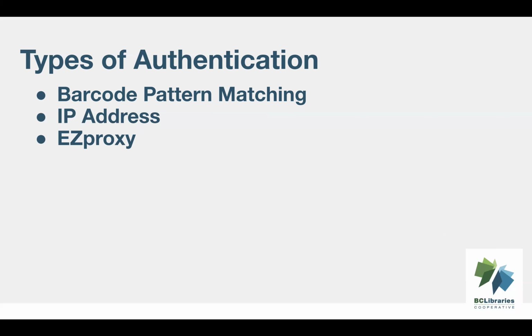For some libraries, this means a list of valid user barcodes is kept on the Easy Proxy server, and resources using Easy Proxy have special prefixes in the URLs in your catalog to direct to that Easy Proxy server. So for barcode pattern matching and IP address, there's no need for any interaction with your ILS, and Easy Proxy generally doesn't need it as well.